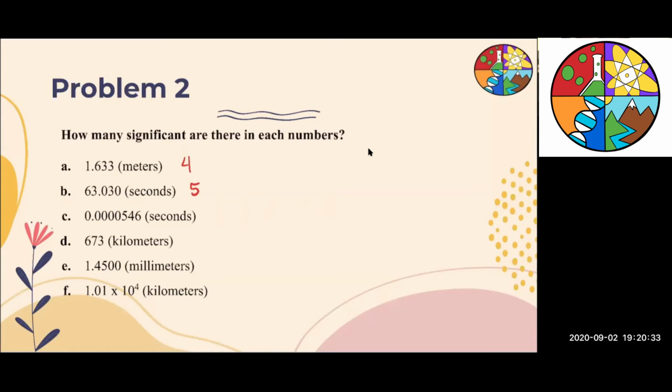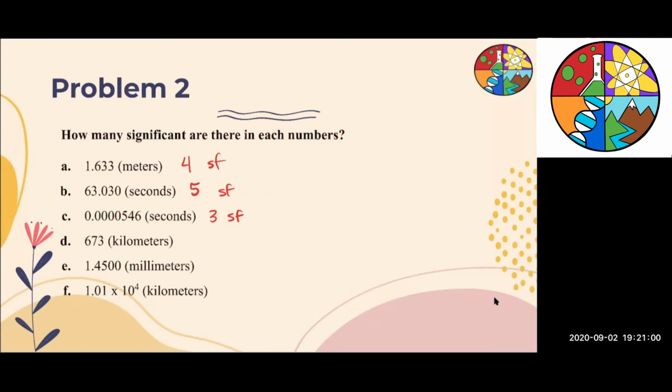C for room 3. On number C, 3 significant figures. Okay, yes, so there's 3 significant figures. Can room 1 tell me how many there are for D?